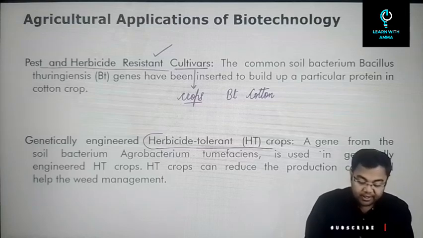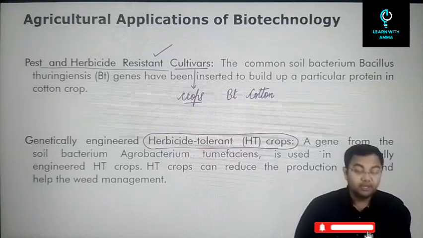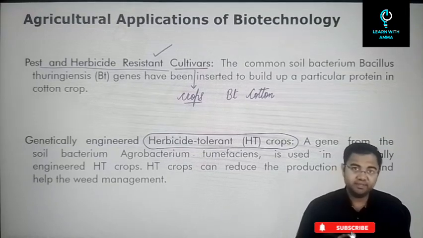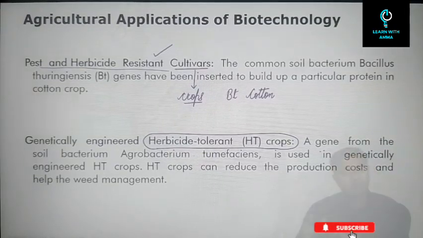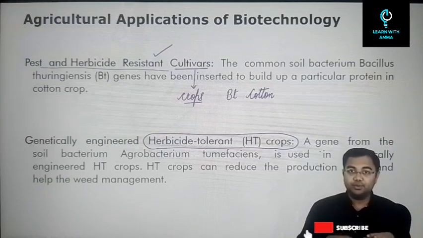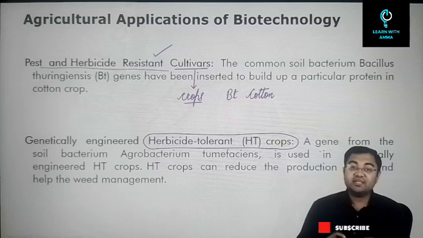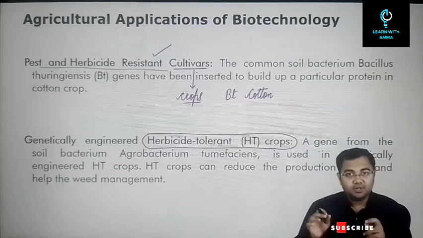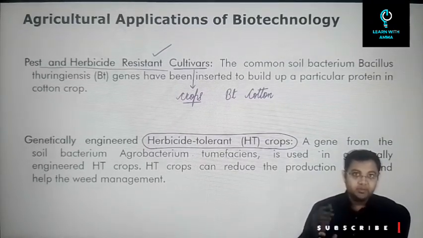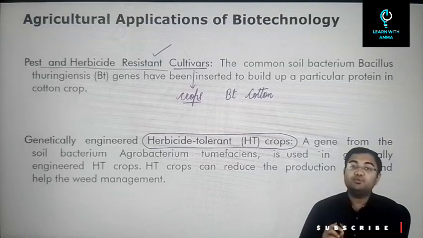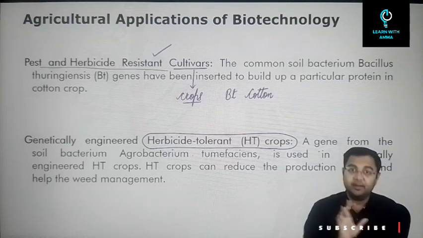Herbicide tolerant crops are the ones which will not be affected by the herbicides. Let's say in a given crop field, apart from the crops that you are growing, there are many weeds that have grown in the same field. In this case, you would need herbicides so that you can kill these weeds. But at the same time, you also want that your crop should not be harmed, correct?